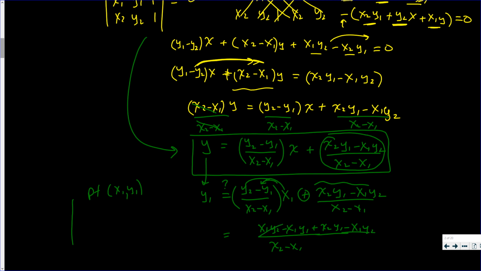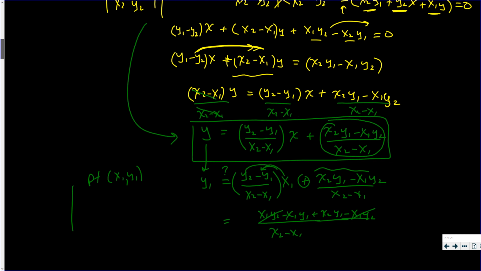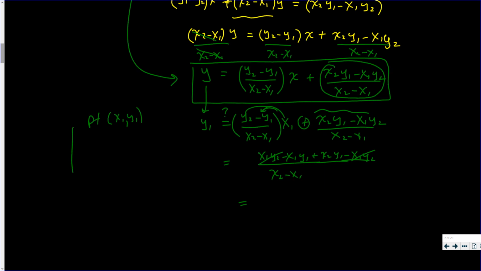And x1, y2 minus x1, y2 canceled out. And we are left with this and that. And I can factor out a y1. I have positive x2 y1s, and I am taking away x1 y1s. And when I divide this by x2 minus x1, I do get back y1. I do have the y-intercept.